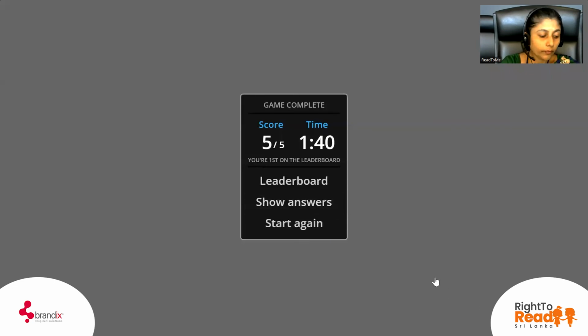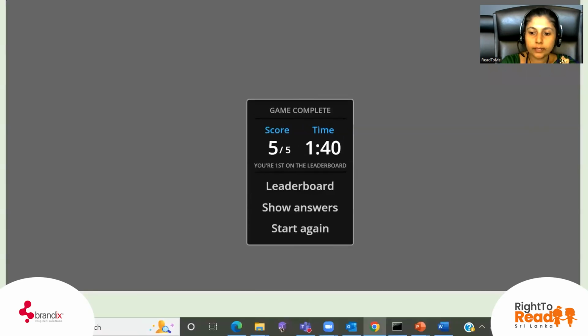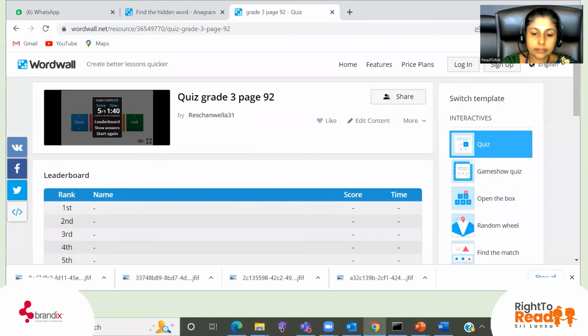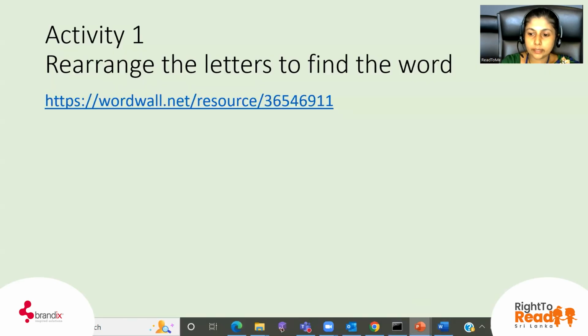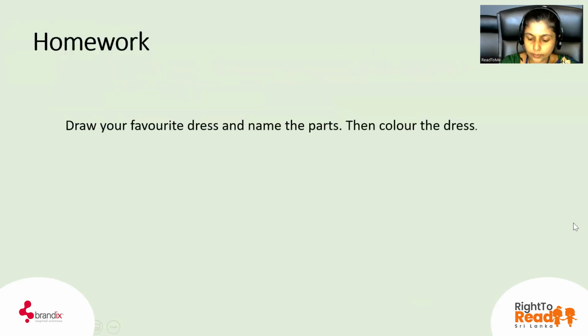Now, you can do this activity leisurely at home. Let's move on to the next one in the presentation. We have come to the end of our session. Now, there is some homework to complete. Draw your favorite dress and name the parts.